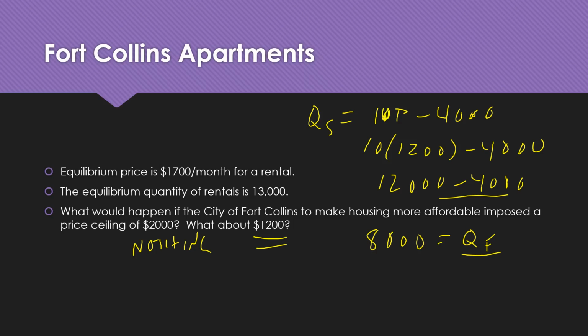Then we're going to have the same problem where we have a market failure and a smaller quantity than was available at market equilibrium. In that case, the demand curve, the QD equation, would actually dictate the new quantity, because the demand curve is the curve that's intersected first when we intersect the graph with that price floor. So in this case, quantity supplied is going to be the determinant of QF, which is going to be 8,000 in this context.